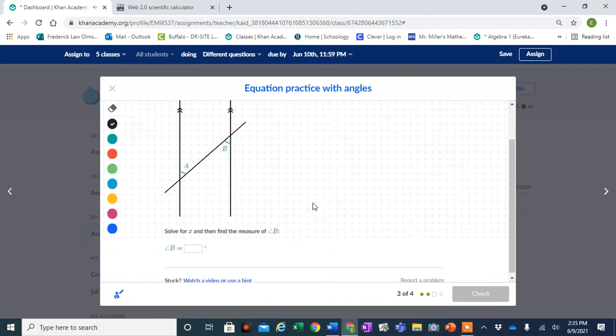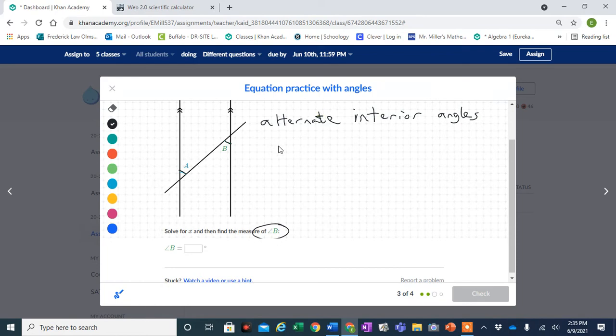So once again, we're going to look at what we have here. We are solving for angle B. We see angle A is here, angle B is here. So these are alternate interior angles, where the last one was alternate exterior.